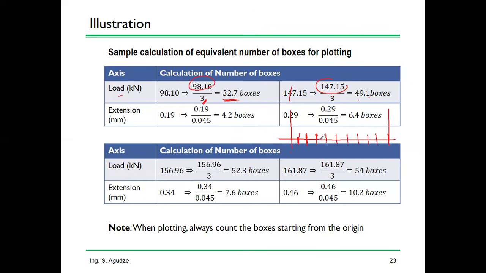So if you get, let's say, 49.1, between these 2 lines, 0.5 is in the middle here. So you have to just use your judgment to locate 0.1, 0.2, 0.3. And as you know, 0.5 is in the middle of the small box. So anything point something means less than 1 box.